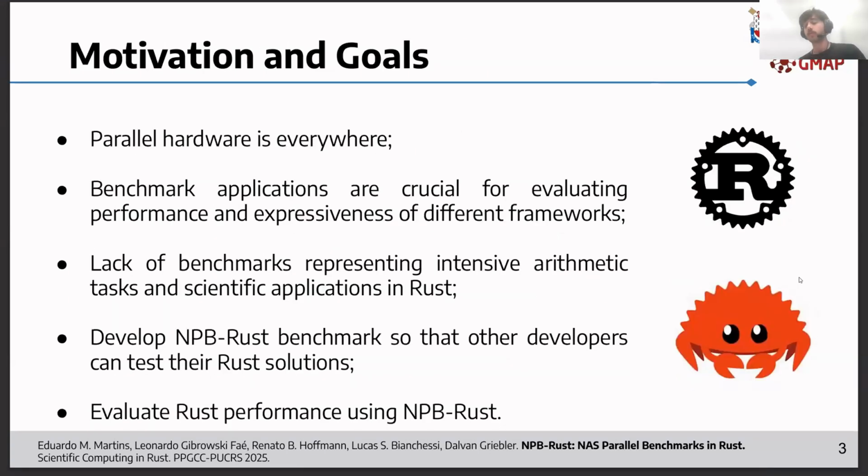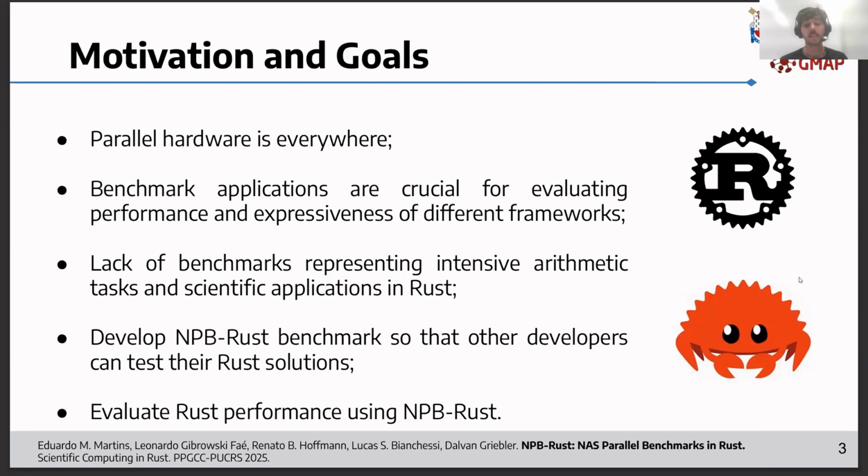Today we have parallel hardware everywhere, and we need to be able to evaluate the different frameworks for expressing parallelism in terms of performance and expressiveness. So we also wanted to include Rust in such evaluations. We observed this lack of benchmarks that represent arithmetic tasks and scientific applications in Rust, and we decided to provide a Rust version of the NPB.